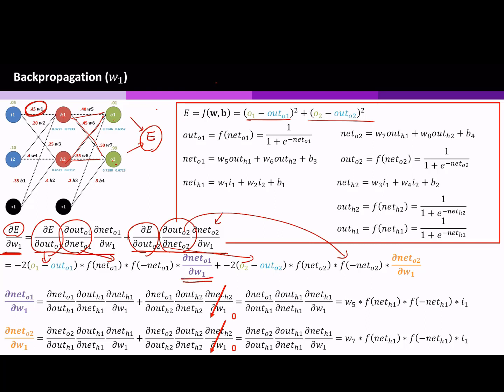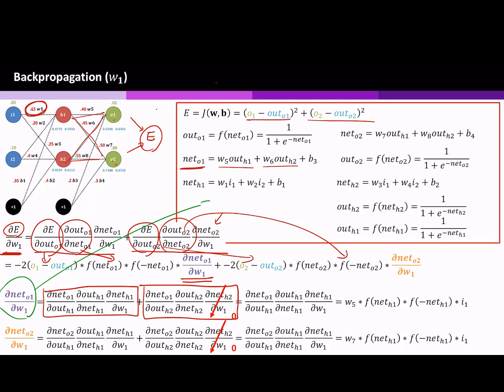What is the partial net O1 over partial W1? Net O1 is a function of output H1 and output H2, right?